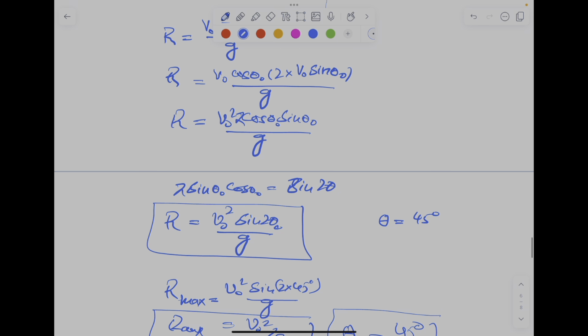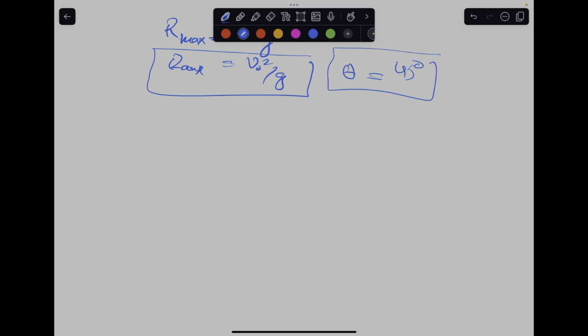Okay, let's discuss circular motion and relative motion.